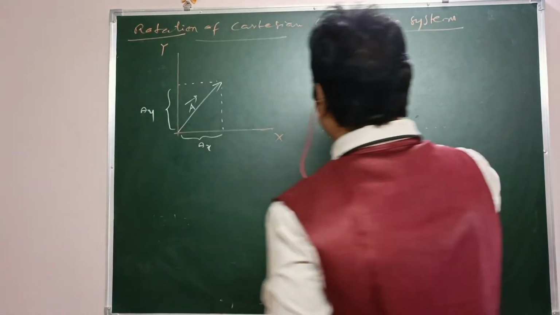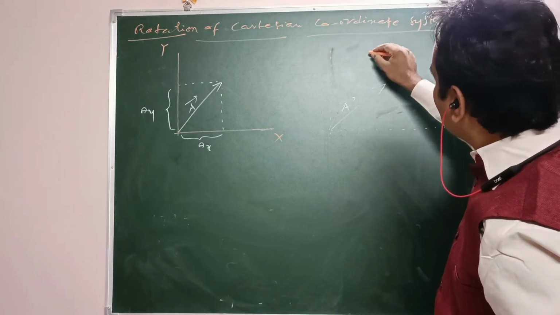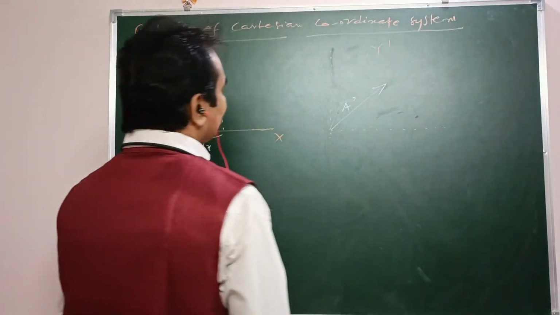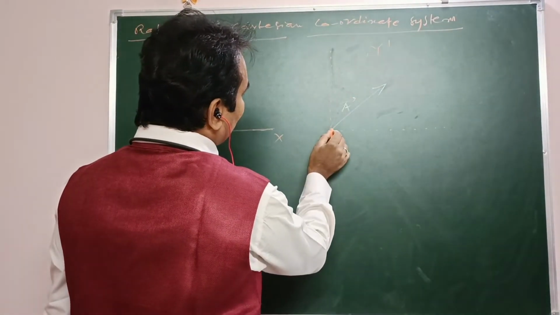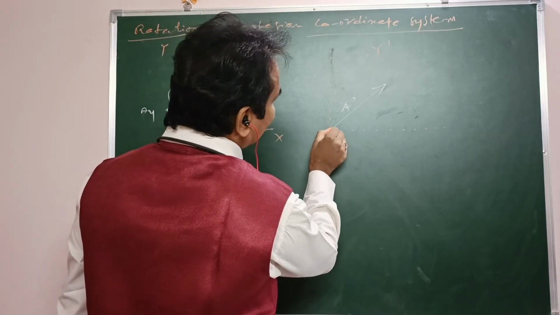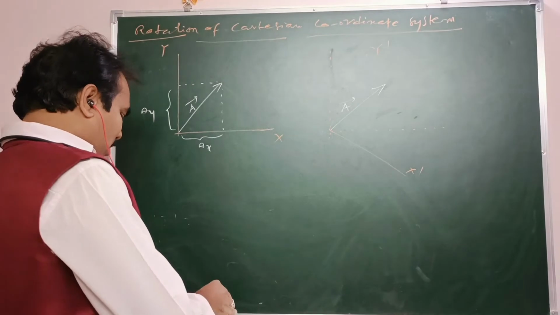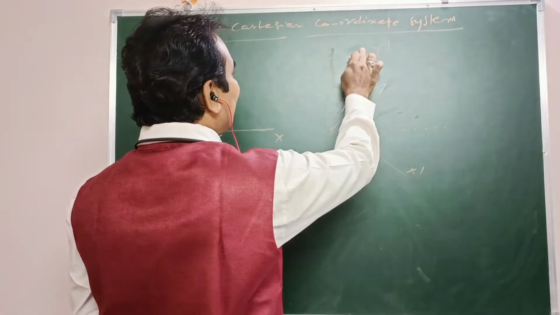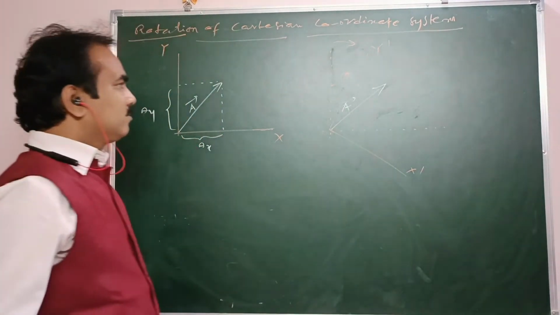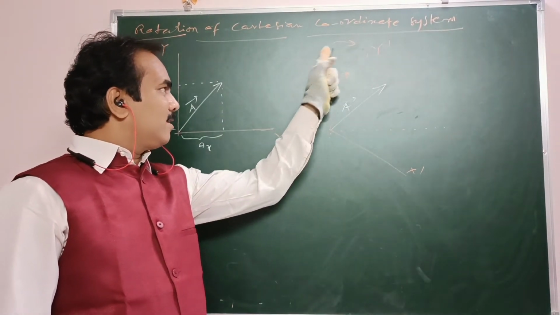This is the new y axis, the positive axis, y dash, for example. With respect to this one, perpendicularly I am taking x dash. As an example, it is turned through an angle theta in the clockwise sense. The y-axis has turned through an angle theta in the clockwise direction.